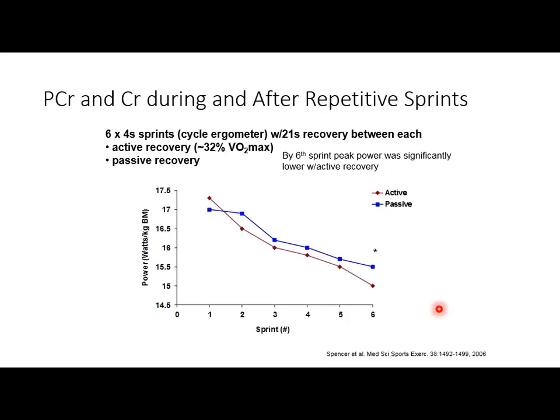It had to also go toward feeding the sarcomere, unfortunately, because they're still contracting. So the mitochondria in the active group still had to budget some of the mitochondrial ATP for muscle contraction, whereas the passive recovery group did not have to budget mitochondrial ATP for muscle contraction because they weren't contracting. They could instead use all that mitochondrial ATP to rephosphorylate creatine to creatine phosphate.